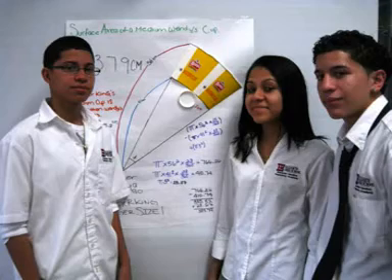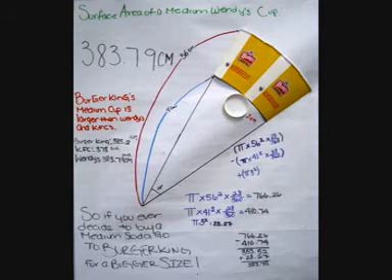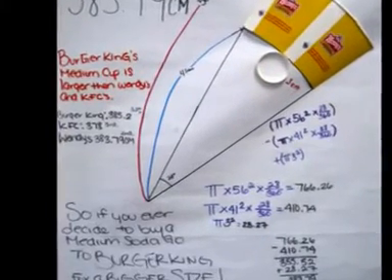One of the groups found that Burger King's medium cup is larger than Wendy's medium cup. That means Burger King is much better.